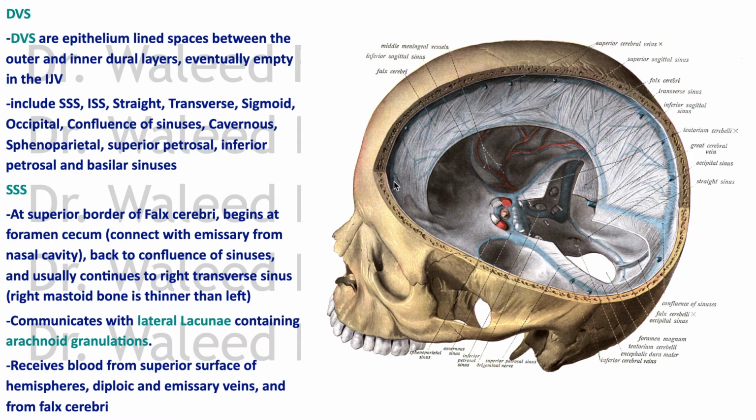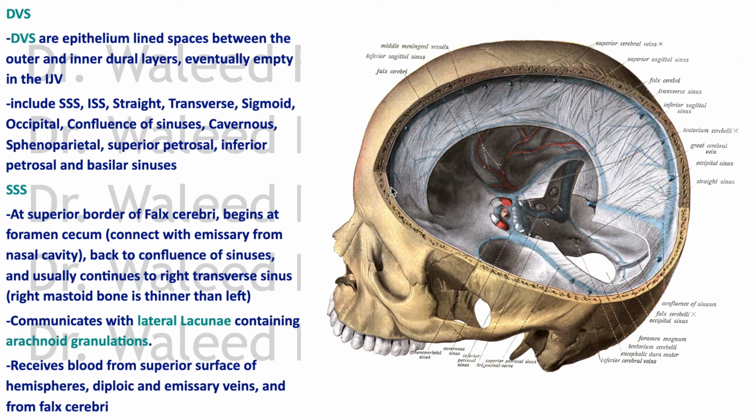They are endothelial lined spaces between the two layers of the dura, the periosteal and the meningeal one, at the sites where the dura makes folds, like the falx cerebri, for example, making space for the superior sagittal sinus, the one you can see here.